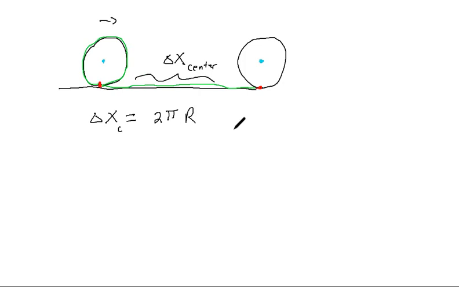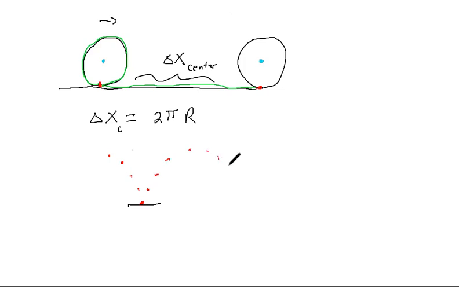The other thing I wanted to point out was if you follow the motion of the red dot as the wheel turns, you'll see that it makes contact with the surface, and then as the wheel continues to turn, it pops up and makes that kind of pattern.